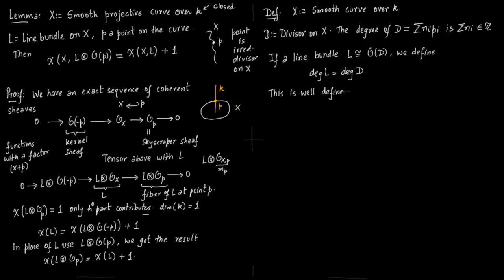Now from the lemma we keep repeating the lemma for every point in the divisor, and then we add up everything to get this result.